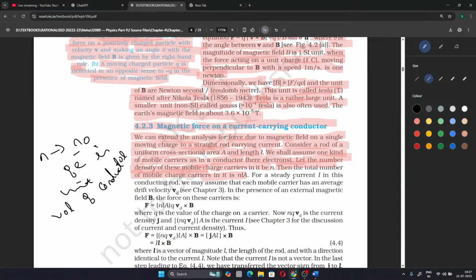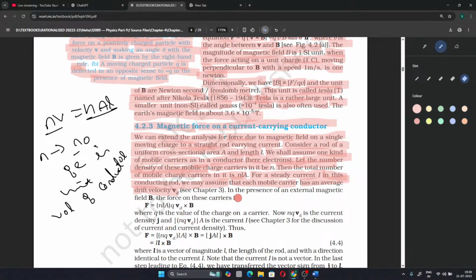So when we multiply n times l into A, where l into A is the volume of the conductor, n times A into l equals the total number of electrons in that conductor. For a steady current I in this conducting rod, we may assume that each mobile carrier has an average drift velocity vd, mobile carrier meaning electron. vd is the drift velocity.